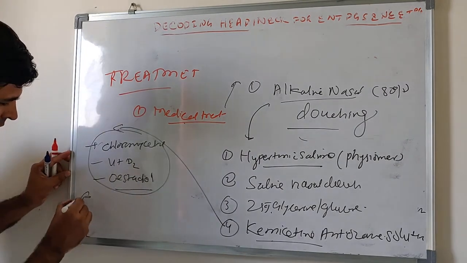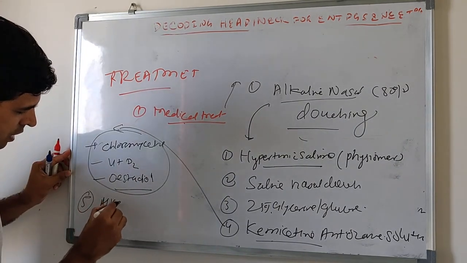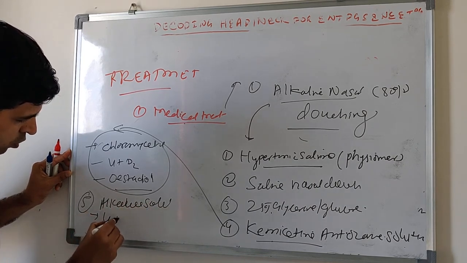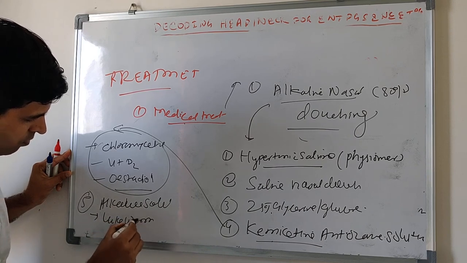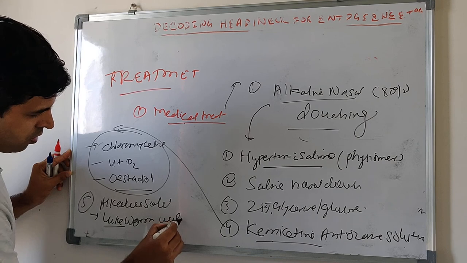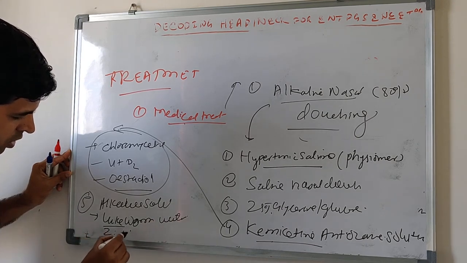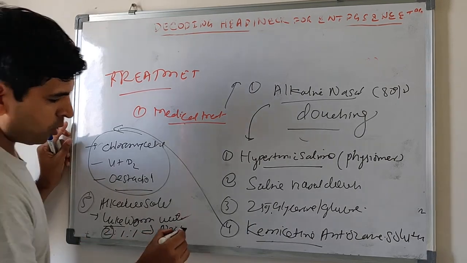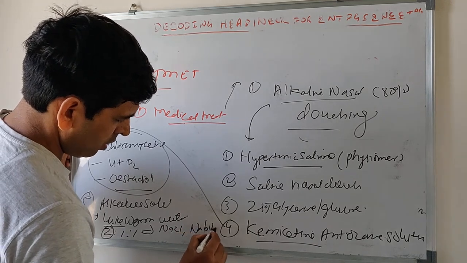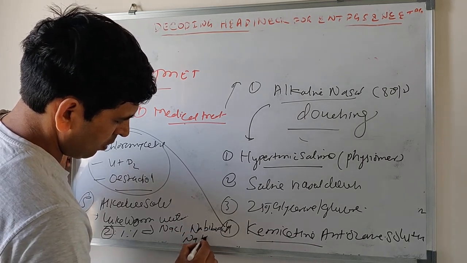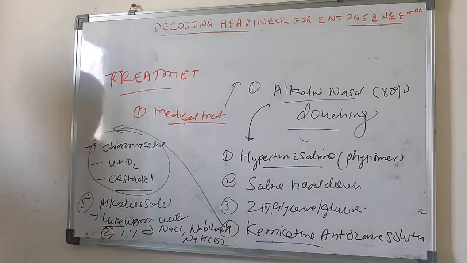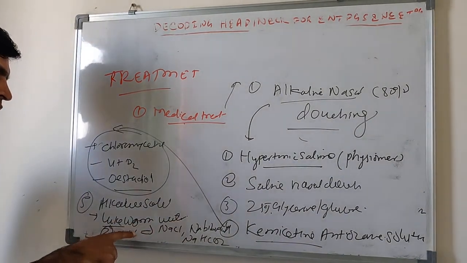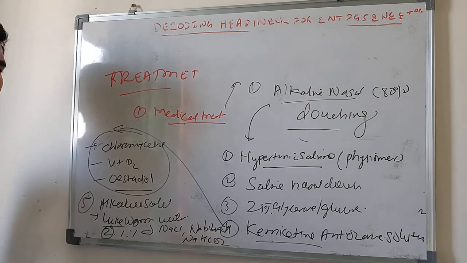You may use a special alkaline solution made in lukewarm water by adding sodium chloride, sodium bicarbonate and sodium biborate in a ratio of 2:1:1.